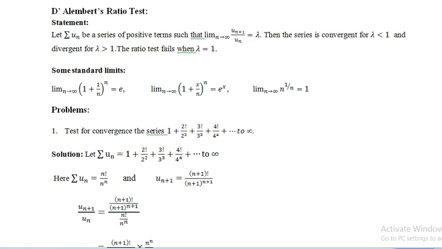Similarly, the limit of (1 plus x divided by n) raised to n, when n tends to infinity, is e to the power x, and the limit of n raised to 1 by n as n tends to infinity is 1. So you have to remember these standard limits: e to the power x and 1. Now we will solve some examples on D'Alembert's ratio test.